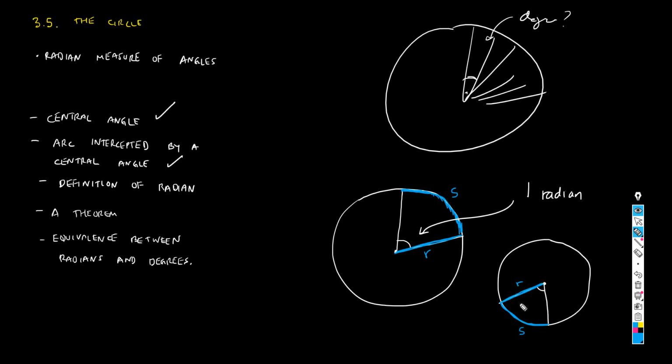If S is equal to R, which I can actually write in here, if S is equal to R, then we have drawn an angle of exactly one radian. That's how it works.